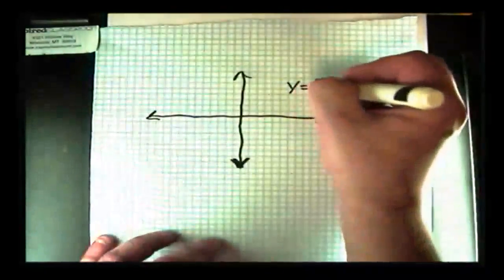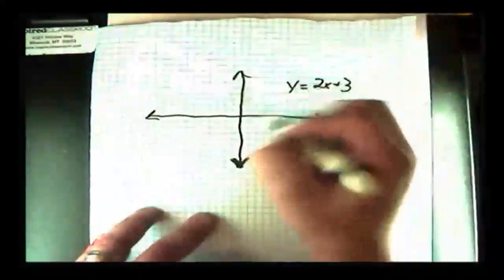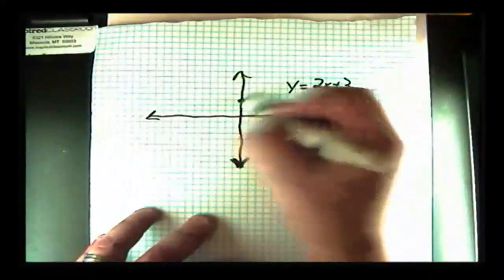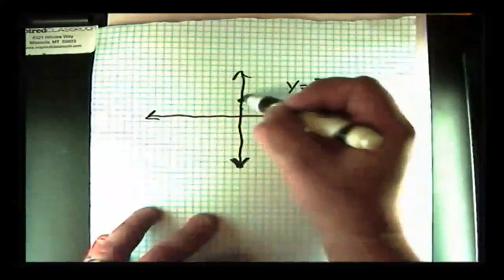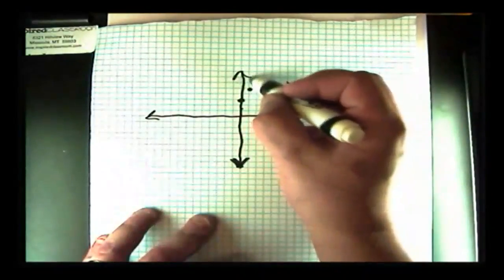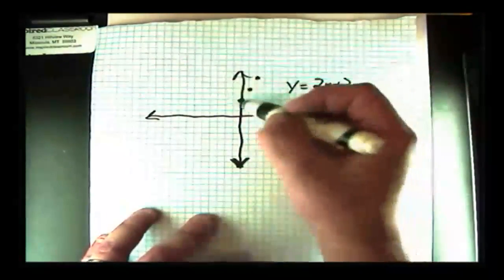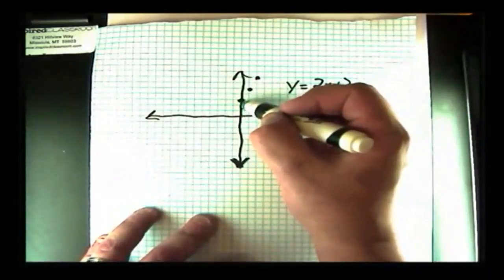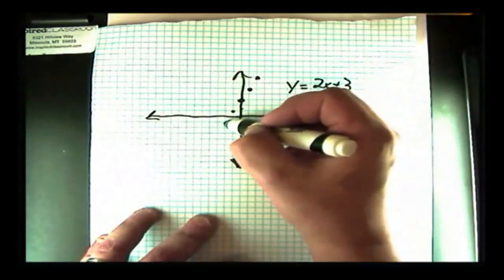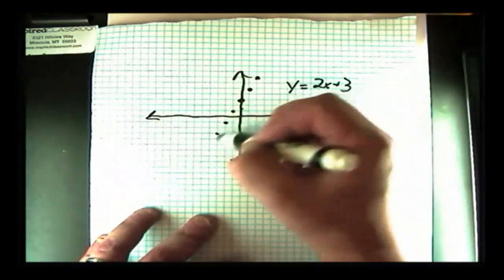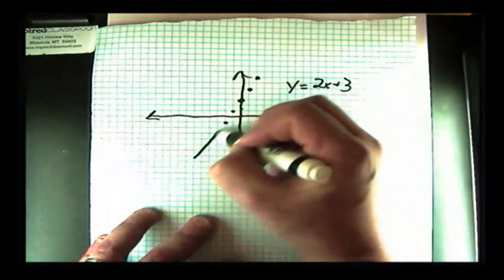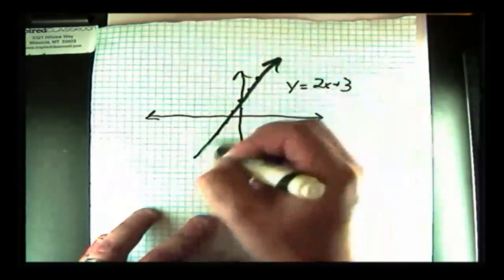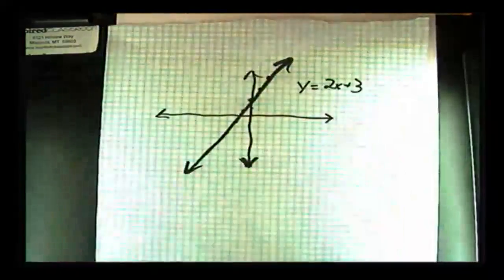So we have our favorite equation, y equals 2x plus 3. We go to 3 in the y, up 2 over 1, up 2 over 1. This is our slope. If I want to go the other direction, it's down 2 over 1, down 2 over 1. This will help me make my line straighter. Okay, so there's all the values of y equals 2x plus 3.